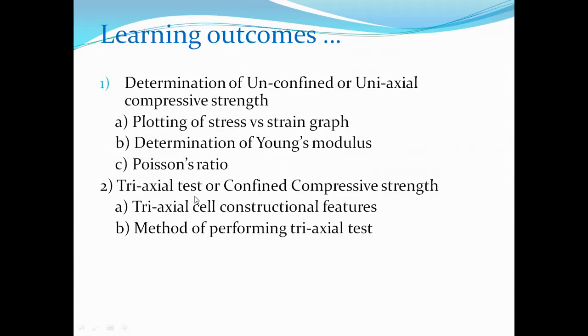As part of the triaxial test of compressive strength, we are going to discuss the construction features of the triaxial testing machine, and how exactly we are going to use it. What is the purpose of the triaxial cell and its construction features, and how exactly we are going to perform the triaxial test. These things we'll be discussing.